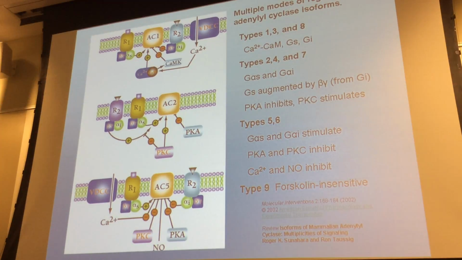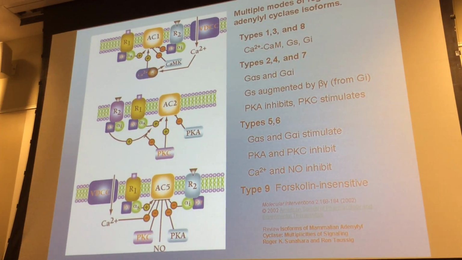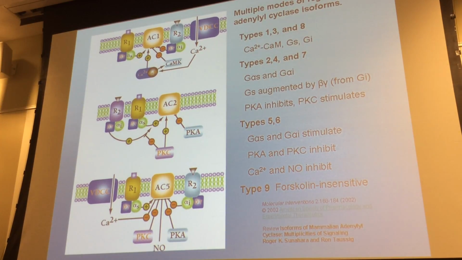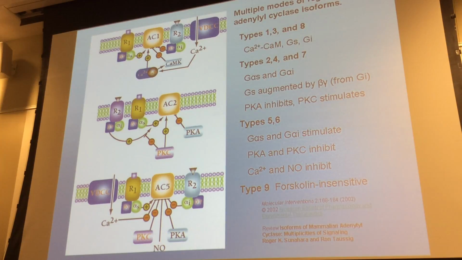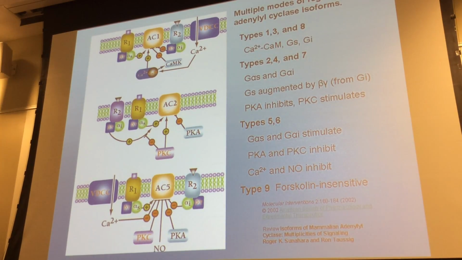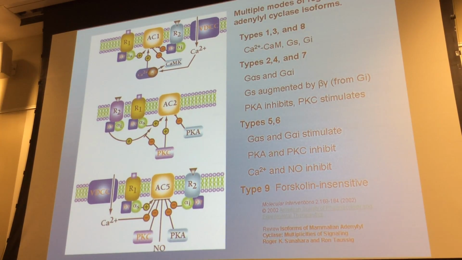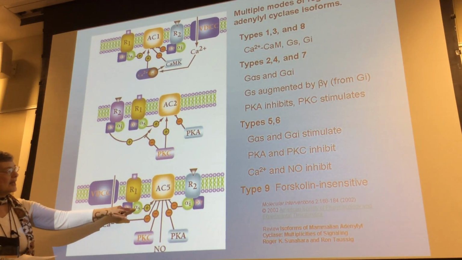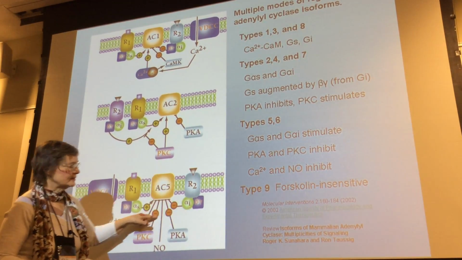Okay, so type 5 and 6, they're not stimulated by ionomycin. And actually they didn't show us that here, but we knew that, even though they didn't have it in there. So all we see is that we've got a stimulator and we've got an inhibitor.